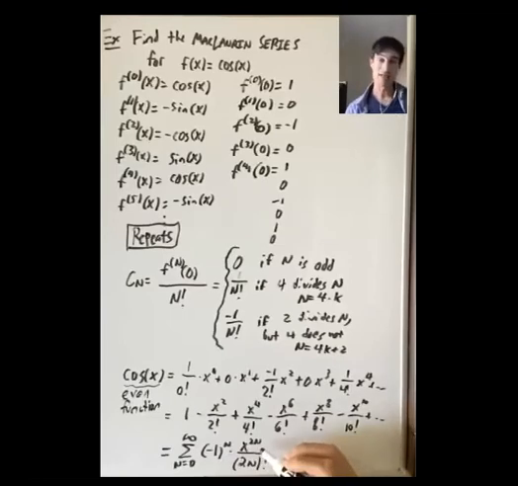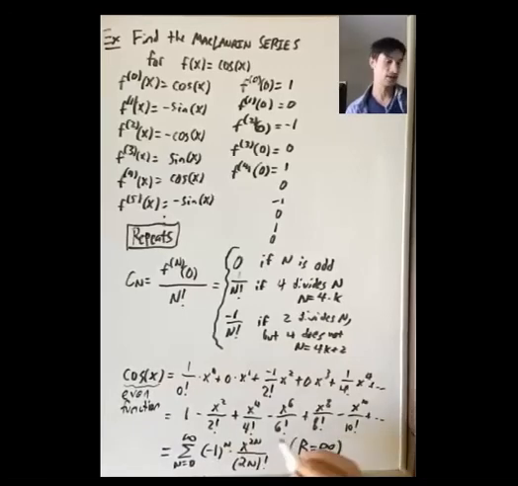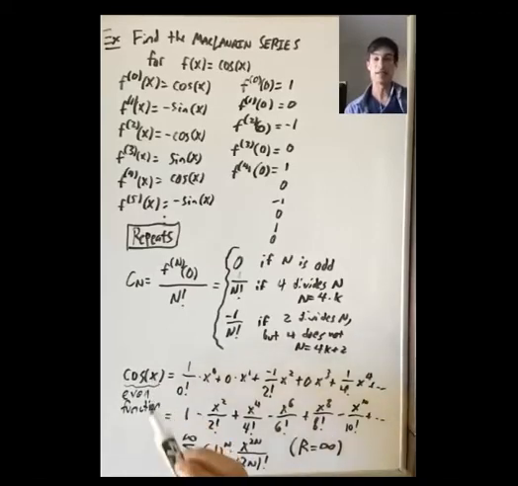You can ask, when is this function actually equal to its Maclaurin series? Well, first you want to figure out the radius of convergence of this power series. It's not so hard to see that it's infinity. When you apply the ratio test, this will converge for all real numbers x. And again, cosine is an example of a function that is equal to its Maclaurin series everywhere that this series converges. So it's not one of those special case weird functions.